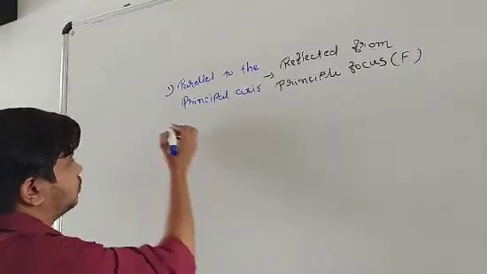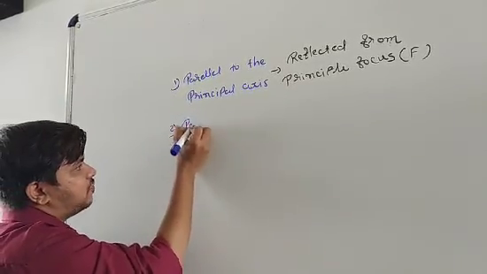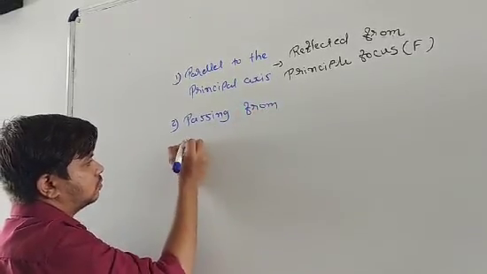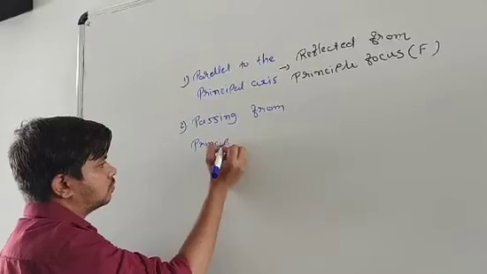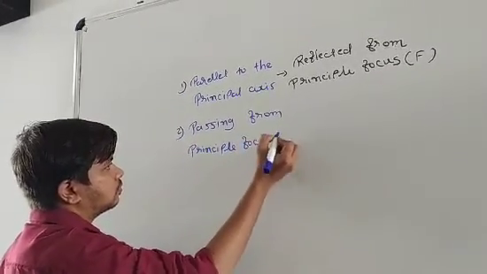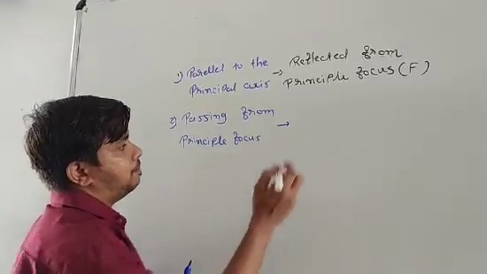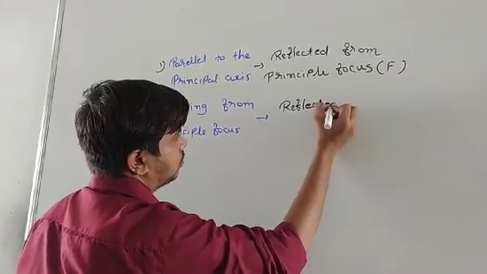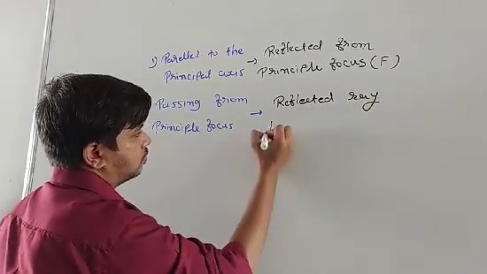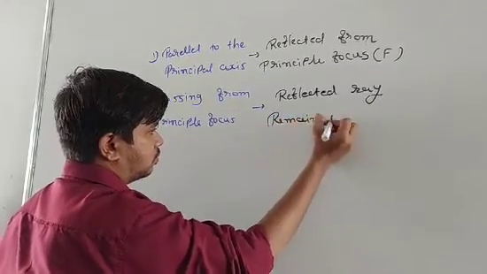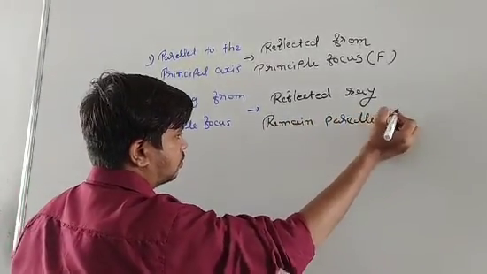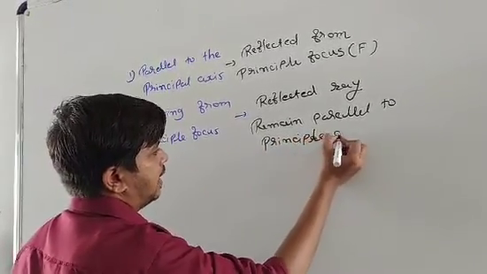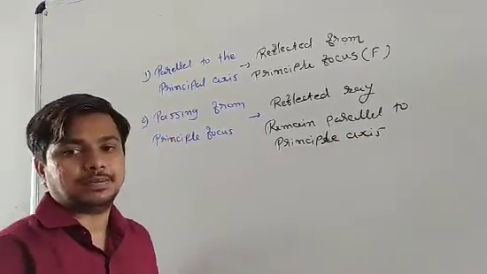The second one: when a ray is passing through the principal focus, it will remain parallel to the principal axis.